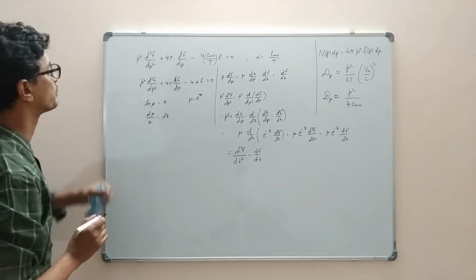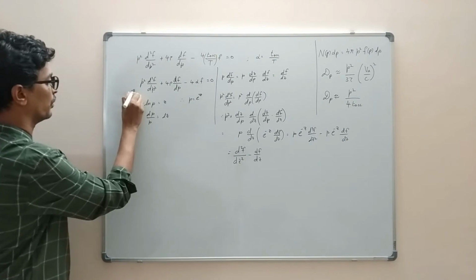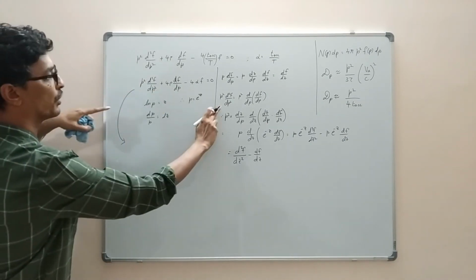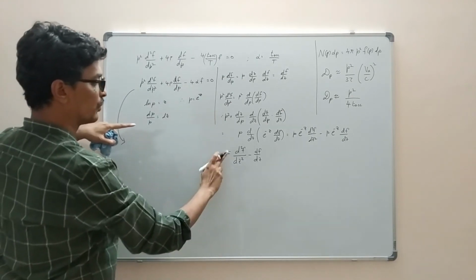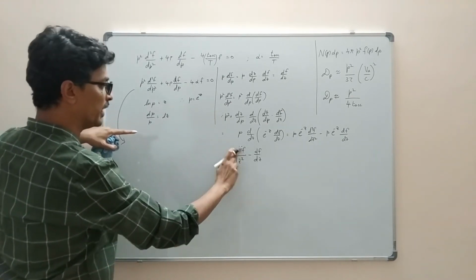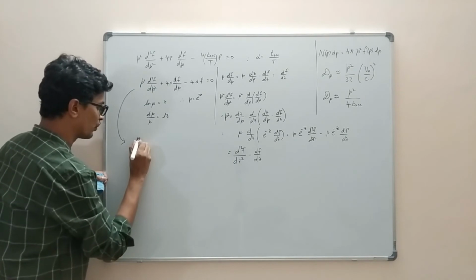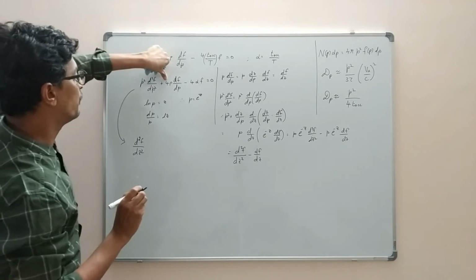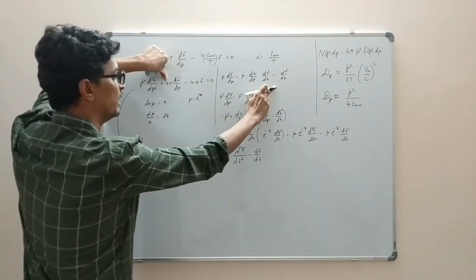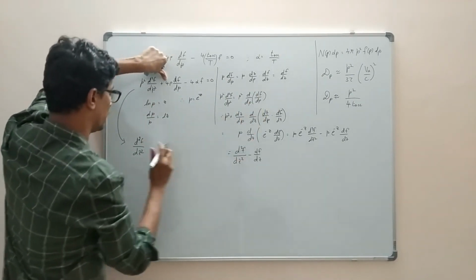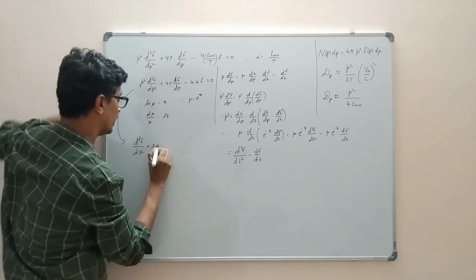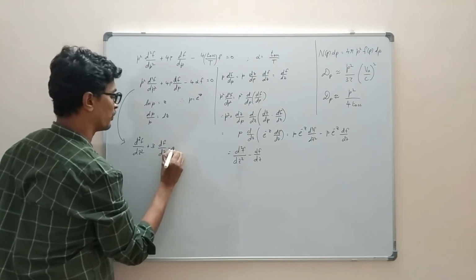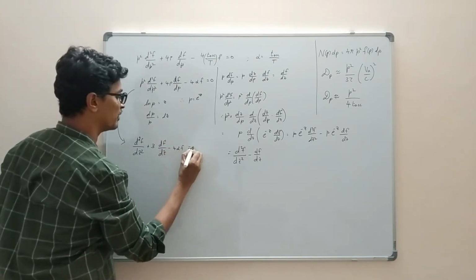Fine. So this equation will become p square d square f by dp square equals d square f by dz square, and now we are having 4 times df by dz minus df by dz. So it makes plus 3 times df by dz minus 4 alpha f, that is equal to 0.